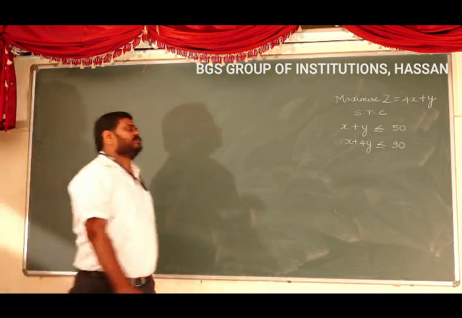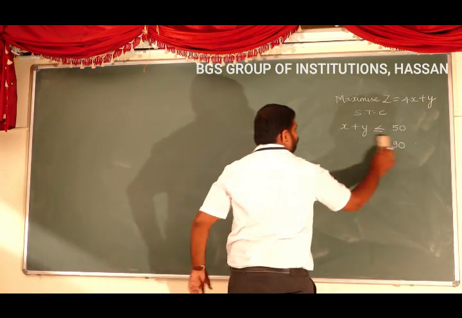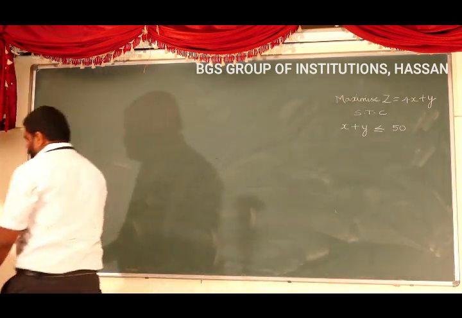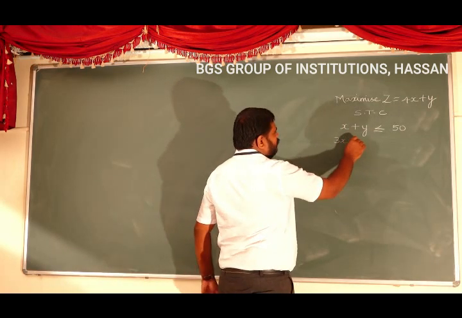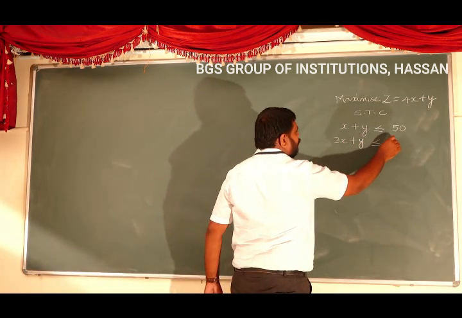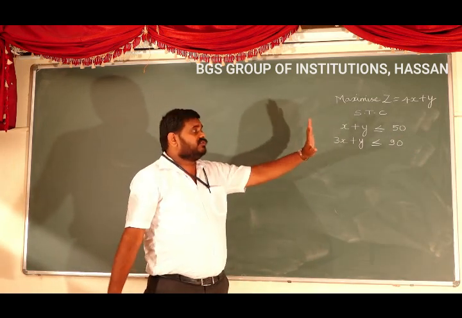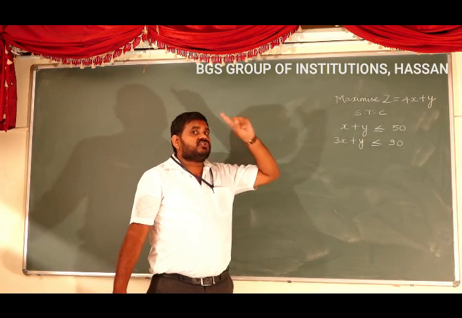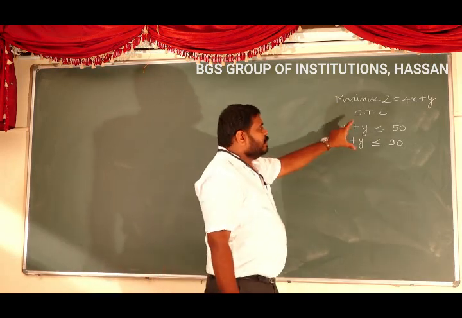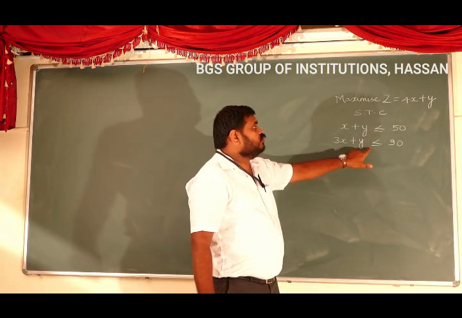Okay. Not x plus 4y. Let us take one more value. Let us take a condition: 3x plus y is less than or equal to 90. Now, my intention is to find the values of x and y so that the values of x and y satisfy these two conditions.